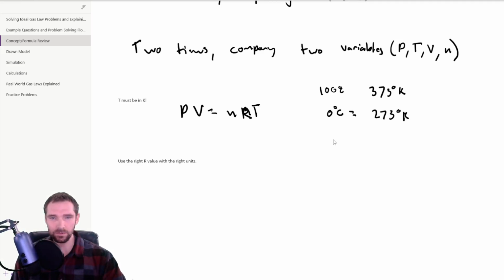A lot of people will think there isn't very much pressure at 0 degrees Celsius because it's zero, but it's actually got quite a bit of temperature there. So there's going to be a significant amount of pressure under most conditions. You have to be careful, and you can imagine if you plug in the wrong numbers here, you're going to get the wrong calculations. So just be super careful about that.